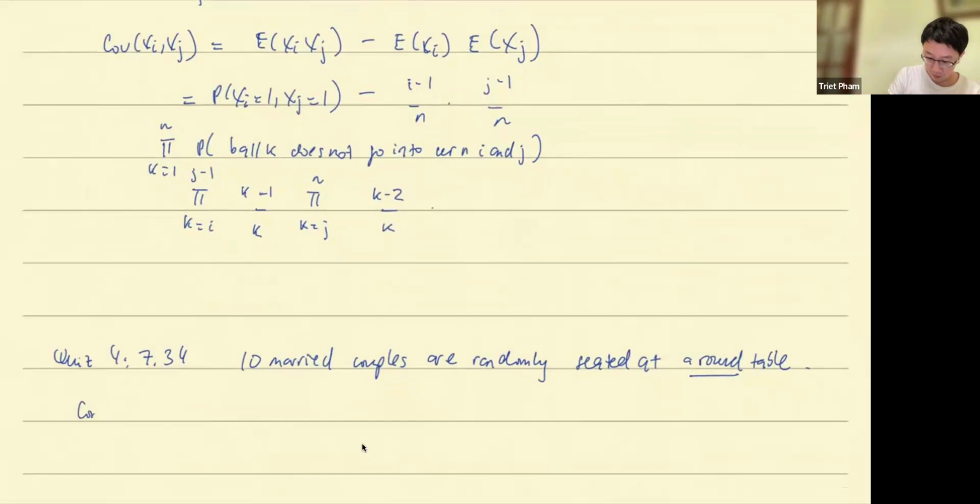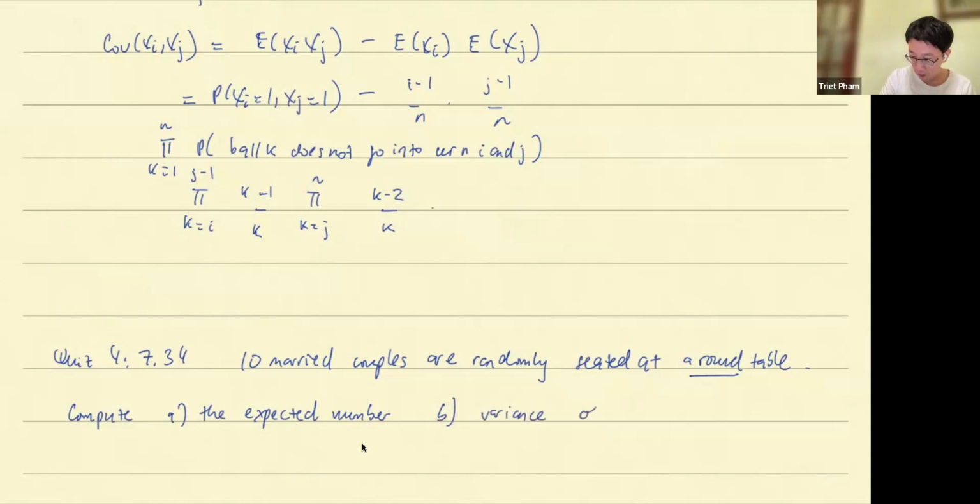And they say compute A, the expected number, and B, the variance, so expectation and variance of the number of wives who are seated next to their husband.